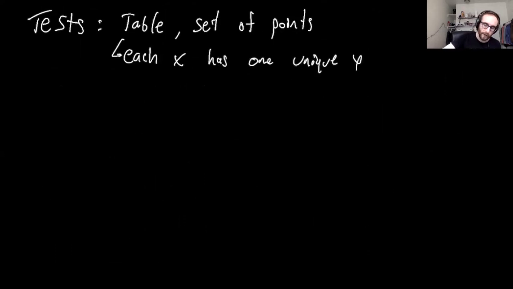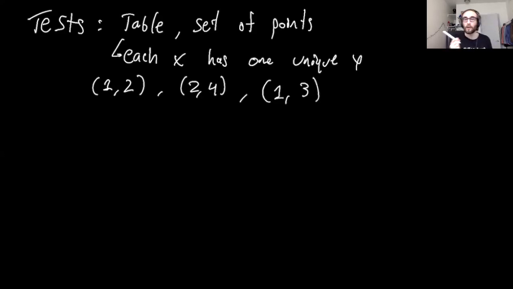So if we have a set of points, (1, 2), (2, 4), and (1, 3), here clearly we do not have a function because our input of 1 corresponds with 2 different y values, or 2 different outputs. One thing to note is the opposite can be true and it can still be a function. So you can have a y that corresponds with more than one x.